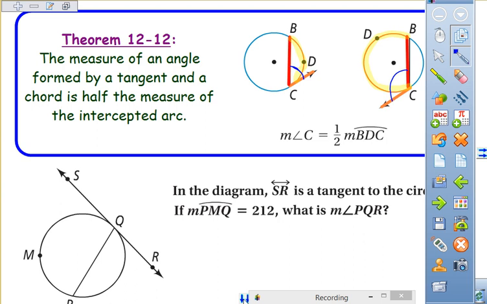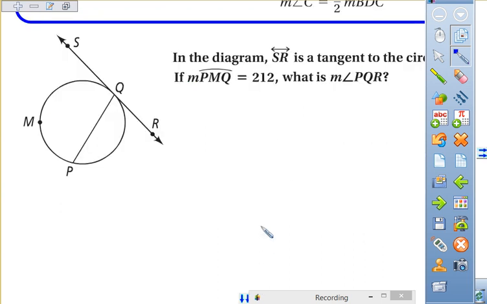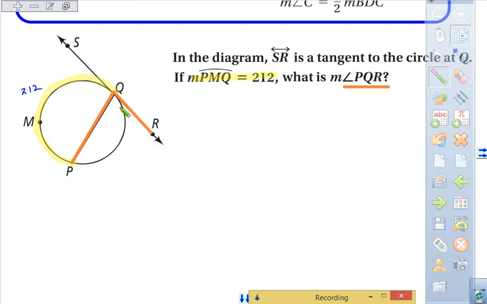So let's try one of these. In the diagram, SR is tangent to the circle. If the measure of arc PMQ is 212, what is the measure of angle PQR? So here's the information. The yellow arc is 212, and the orange angle is what we're looking for. I'm thinking we're going to need this pink arc so that we can start.